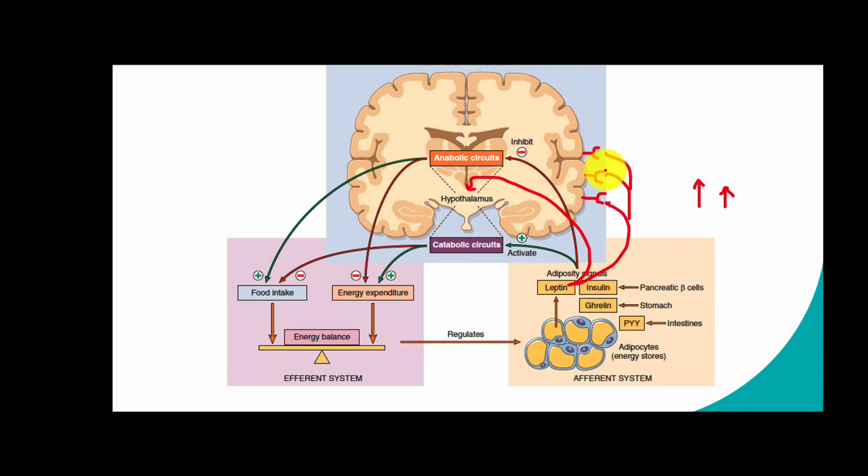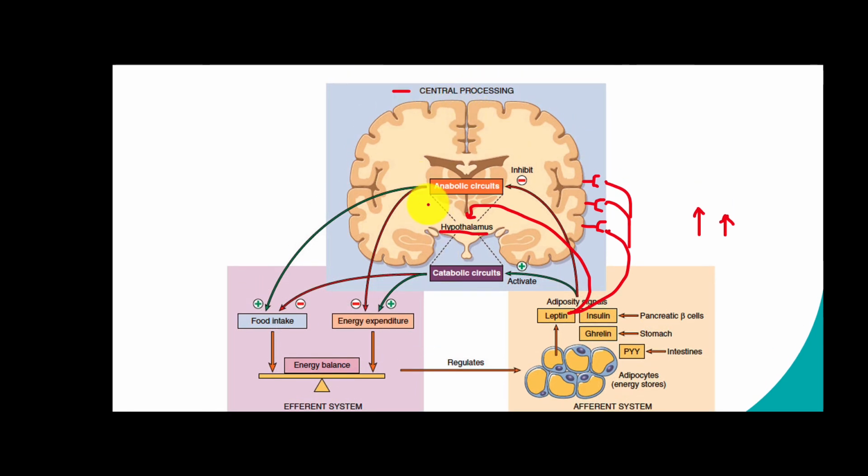And if the receptor can't recognize leptin, then the hypothalamus doesn't receive this signal. And then the hypothalamus, which I told you is this central processing area, can't send out the right information to be either anabolic or catabolic, right? So if it can't shut down the feeling of satiety, well, then we are going to have a lot of food intake, right? And that is going to disrupt energy balance.